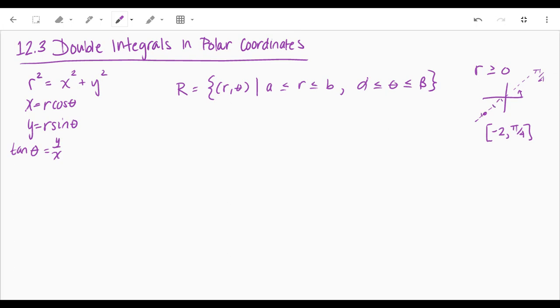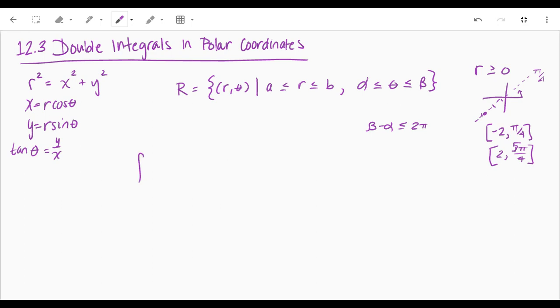Okay, it might be right there, but what we can do instead is just write that as r of 2, theta 5 pi over 4. And that's how you're going to see that more often, okay? And then the difference between alpha and beta should be less than 2 pi. Otherwise we've gone around the circle more than once, and we should not do that, okay?